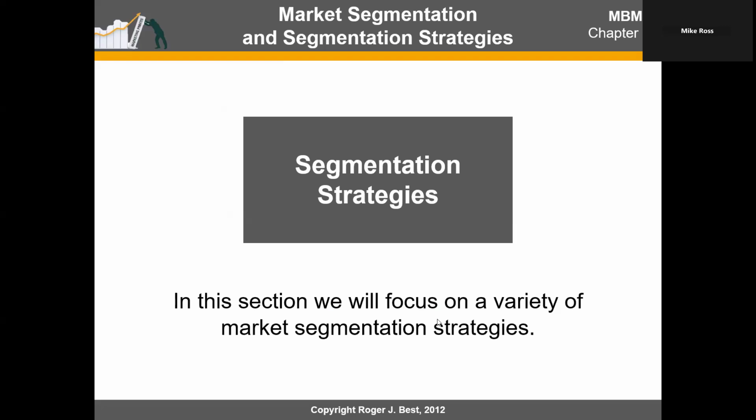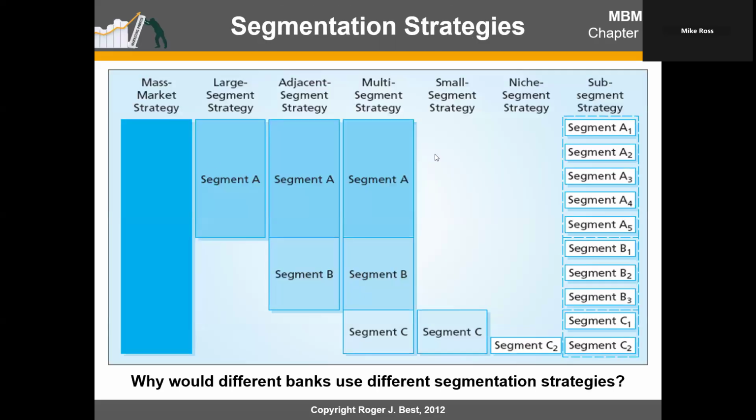But we might say, well, maybe it's 5 to the third power, right? What is that? 125. So now I can split up all of these segments into subsegments, right? So all of a sudden we go from 15 to 125 different market segments.